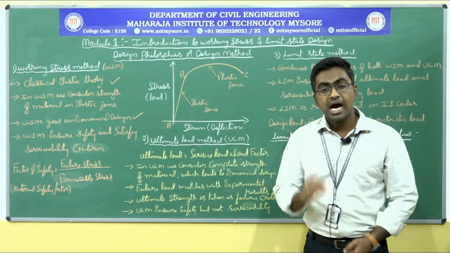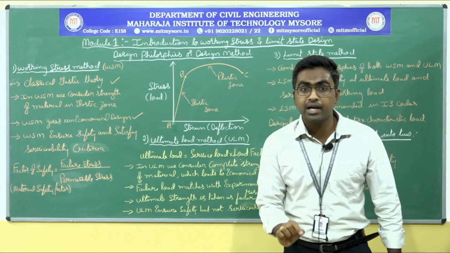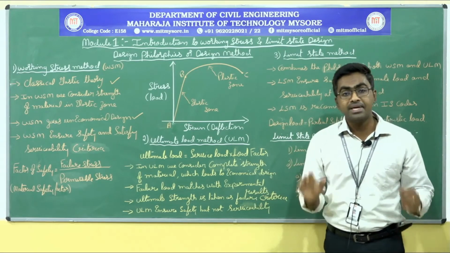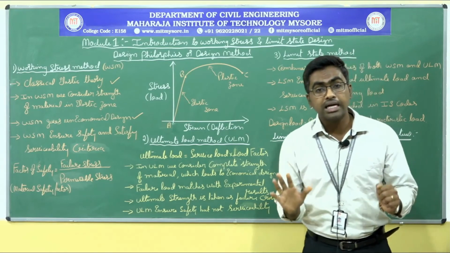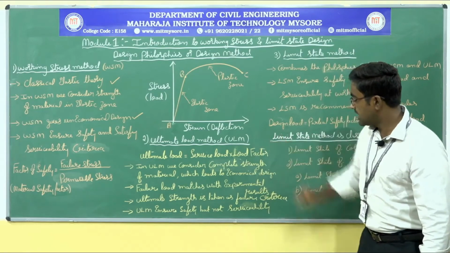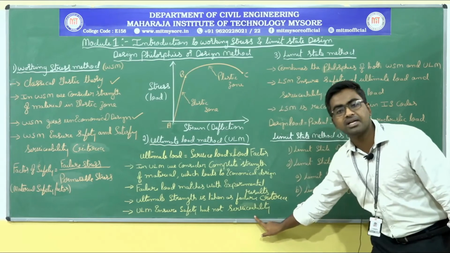That means at any point of time, if the structure reaches the ultimate load, immediately the structure is going to collapse, and that is the biggest disadvantage of the ultimate load method, where it ensures the safety but not serviceability.